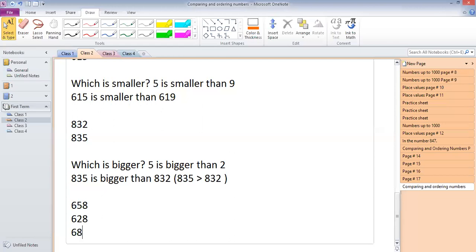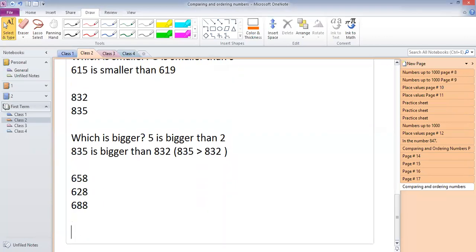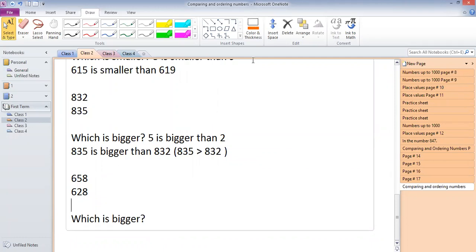You have to find out, guys, which is bigger. Let's erase this. Yes, guys, answer me in the chat box. Which is bigger? 658 or 628? Answer me in the chat box now. Which is bigger?